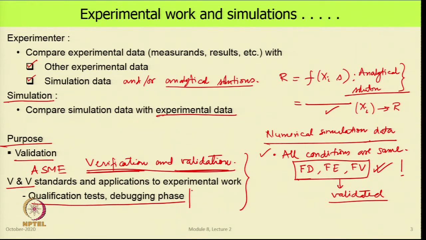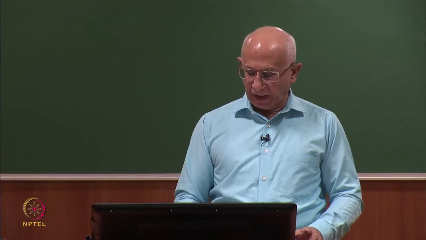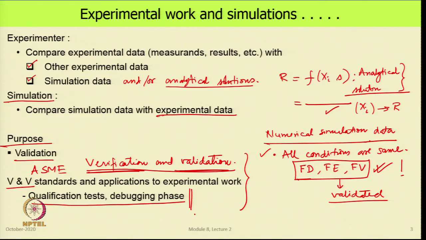It was during this time we conducted a series of tests, which we detailed when we were looking at that, wherein we established the fact that the experimental setup is doing what we expect it to do. Only then we have faith in the data that we generate for conditions about which we do not have full information. That is what we had called qualification tests, and this was part of the debugging phase.